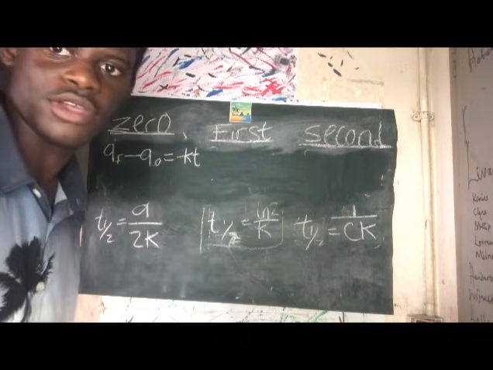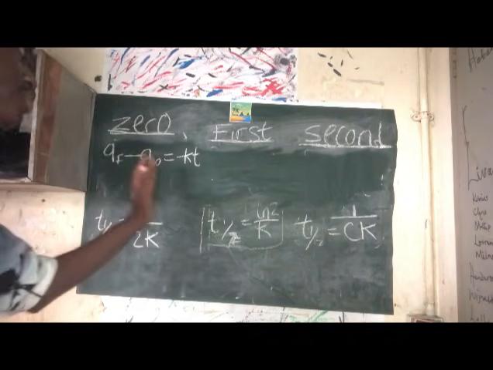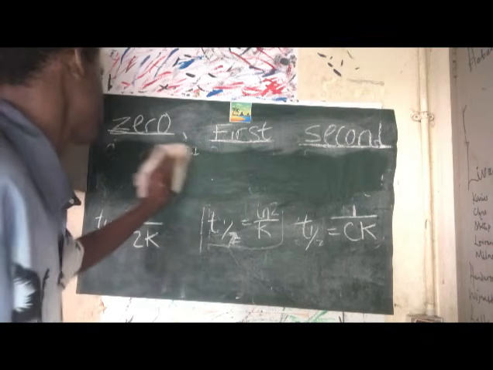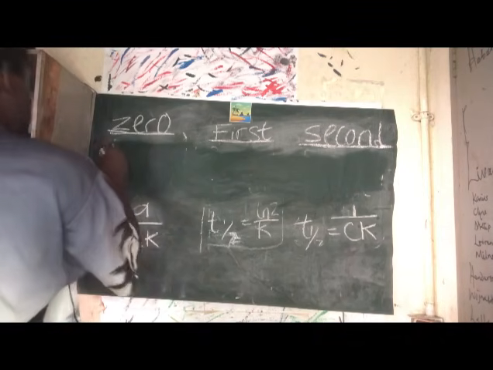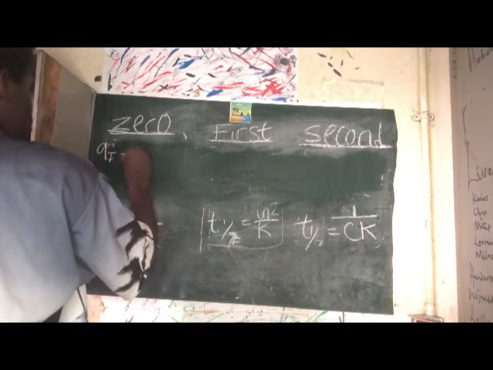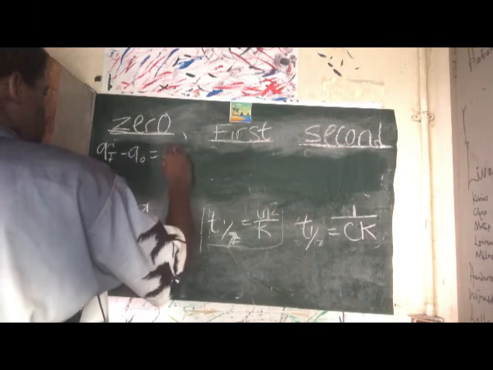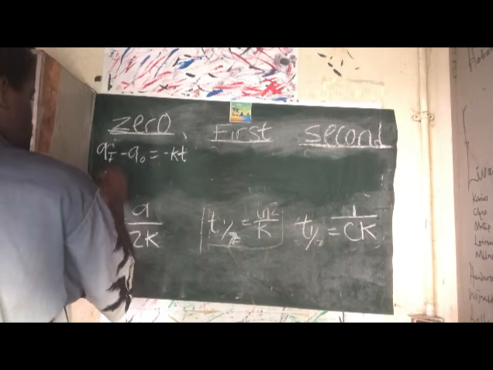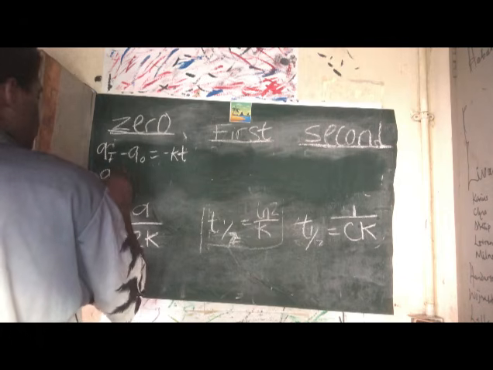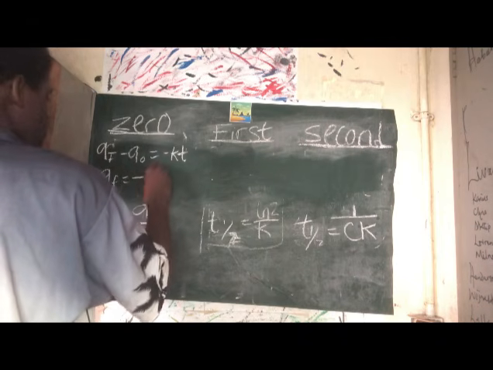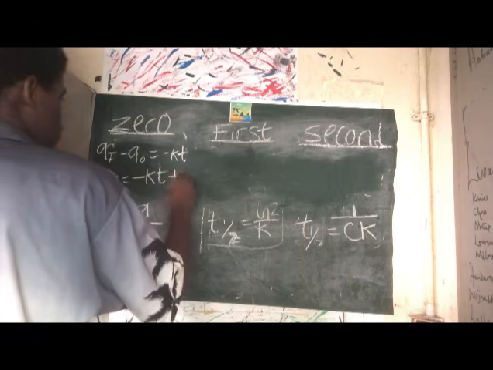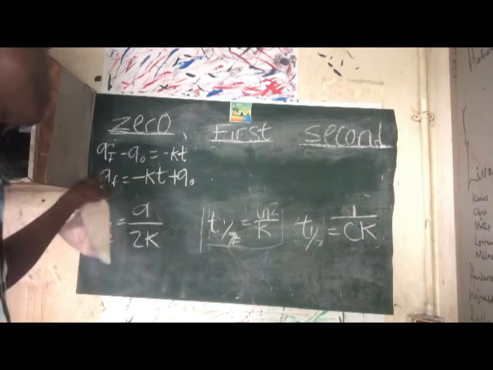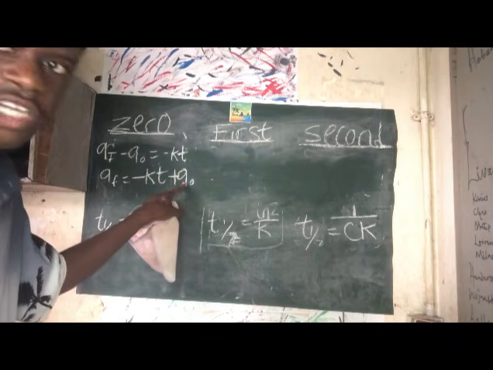Or you can write it like this: A final is equal to minus kt plus A initial. This A final is the final concentration, and A initial is the initial concentration.